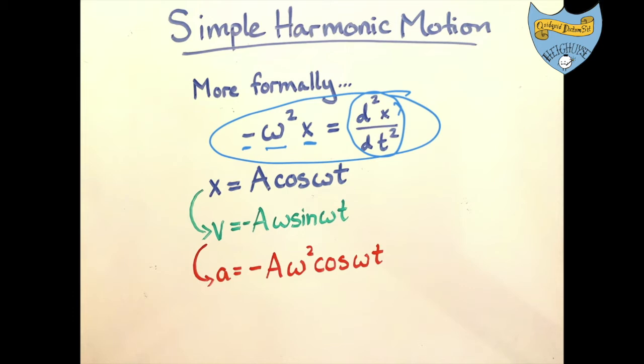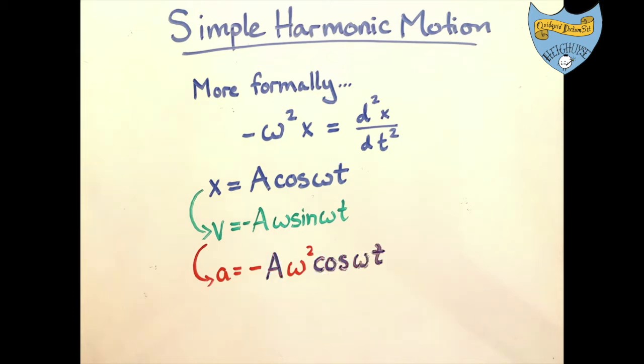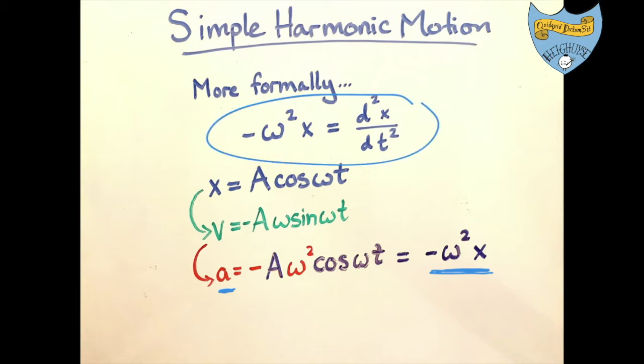And if we look at our function for the acceleration, notice that we have A cosine omega t appearing in it all over again, which is the position function that we started with. So we can express that the acceleration equals negative omega squared x, which is what we set up here because d squared x dt squared is the acceleration. So the acceleration function is equal to the position function times negative omega squared.